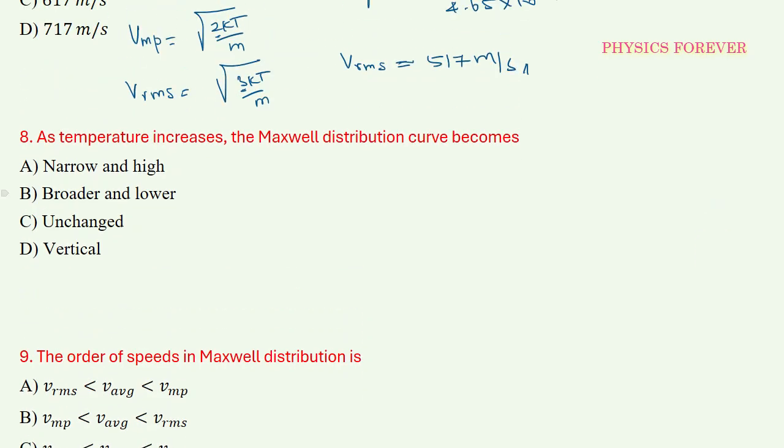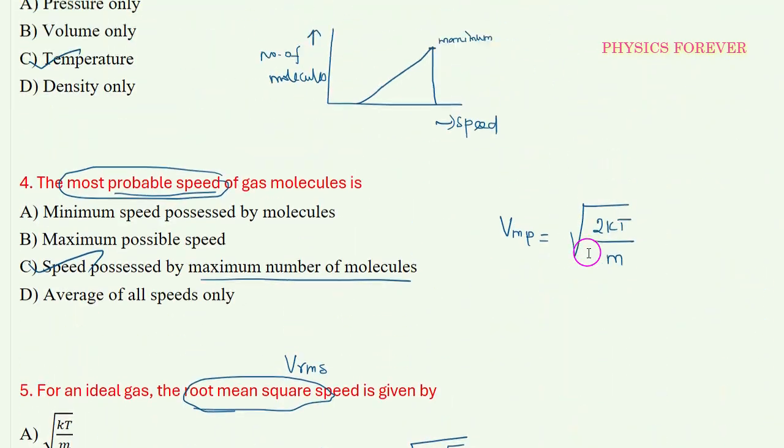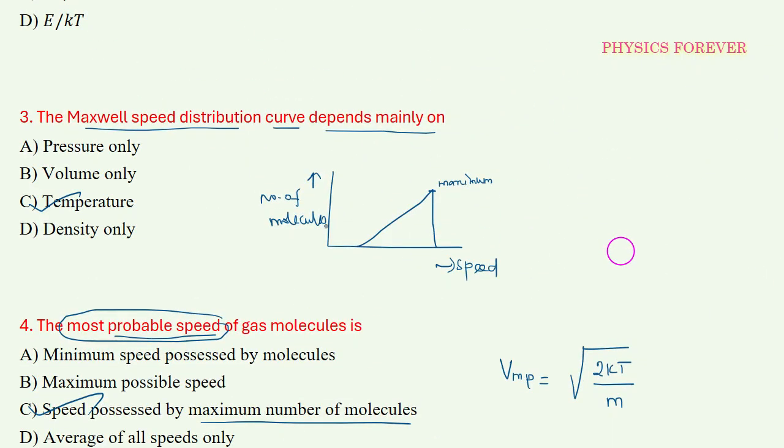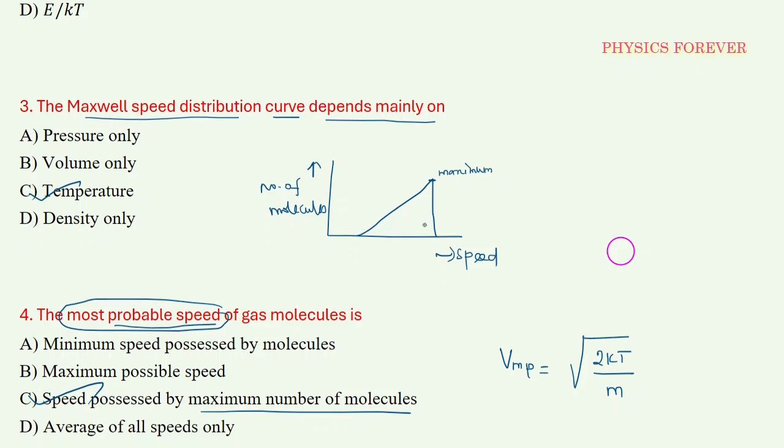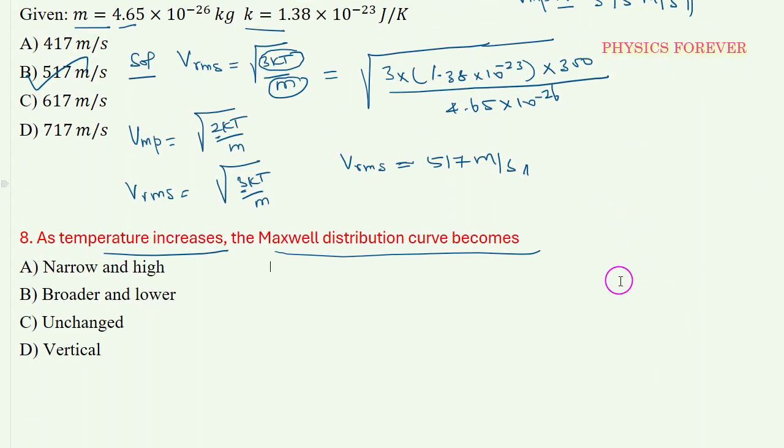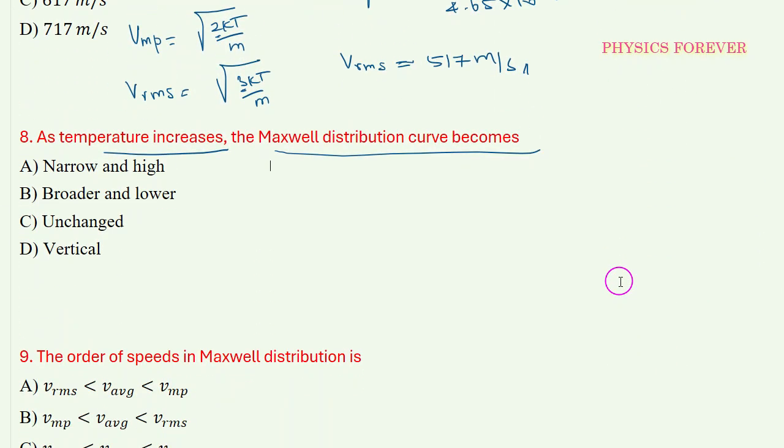Next: as the temperature increases, what does the Maxwell distribution curve become? As we already drew, if you increase the temperature, the curve goes like this. From the given options, broader and lower, so option B is correct.